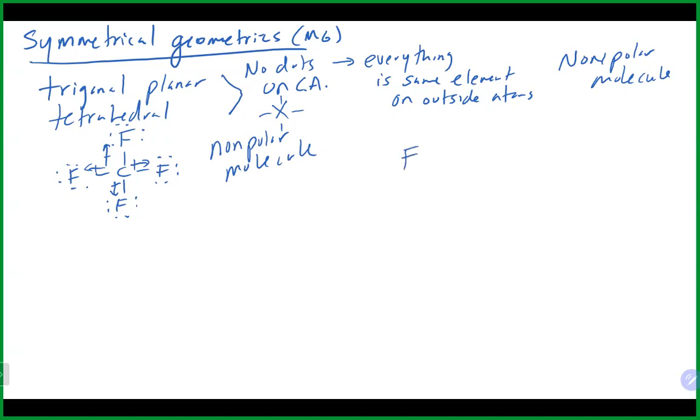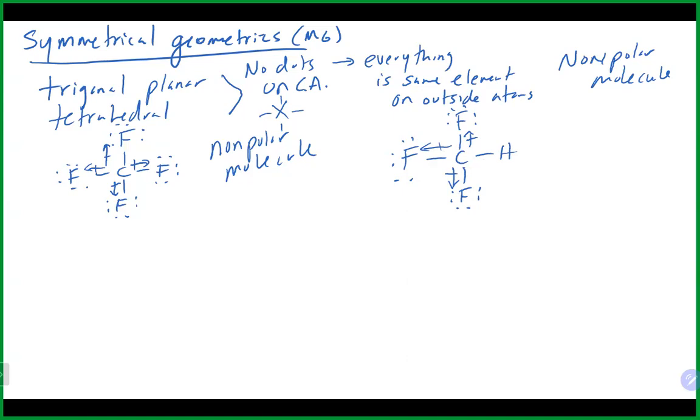What would happen if I swapped out one of the fluorines for a hydrogen? I still have my polar bonds heading towards my fluorines. What is the bond between carbon and hydrogen, polar or nonpolar? It is actually nonpolar. It has an electronegativity difference of 0.4.